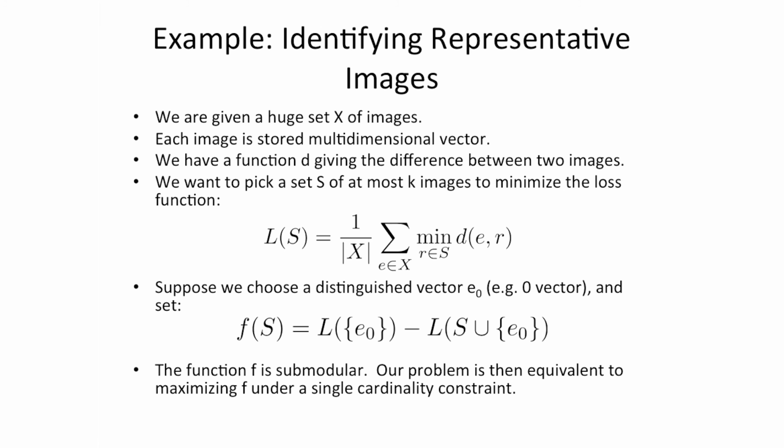Since we're taking the negative of a supermodular function, we get a submodular function. Yes? So if you're approximating f, it won't approximate. Yes, the normalization helps in that way.